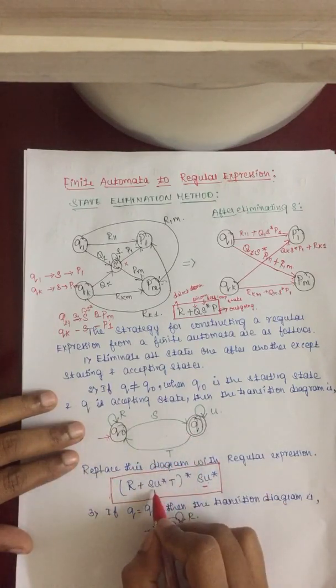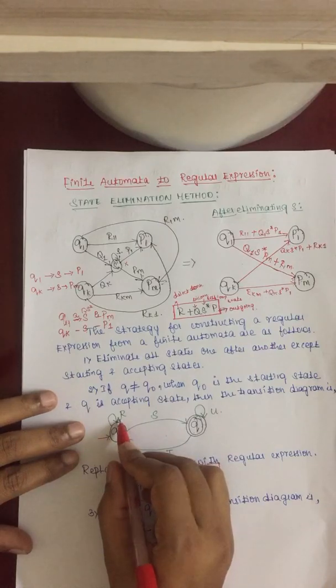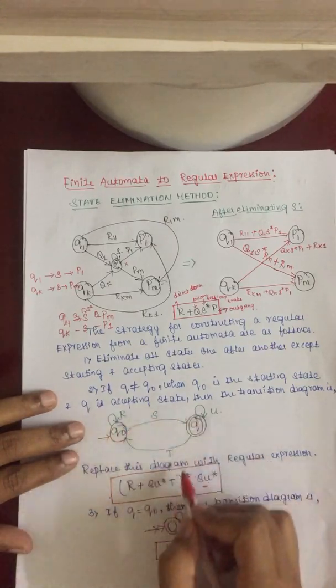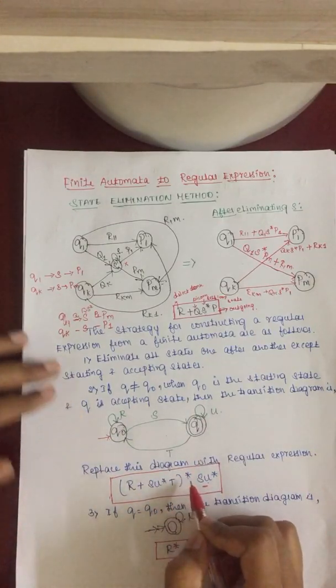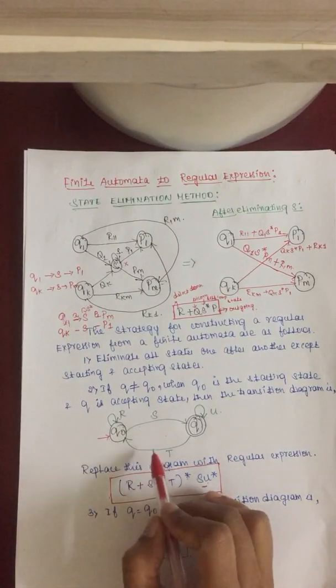So it can be written as SU star T, which can also be accessed any number of times. So the whole closure we have written over here. So these are the possible things from this diagram.